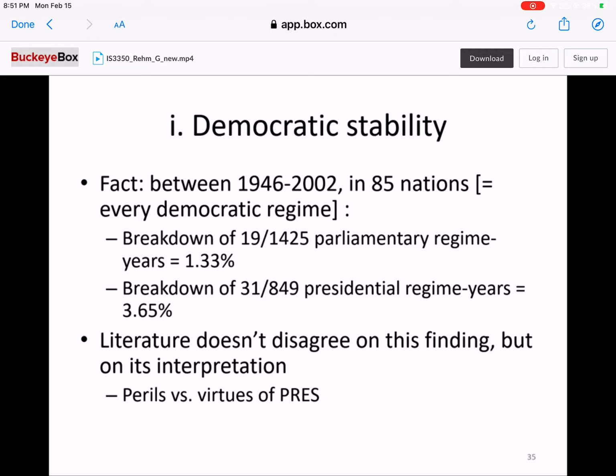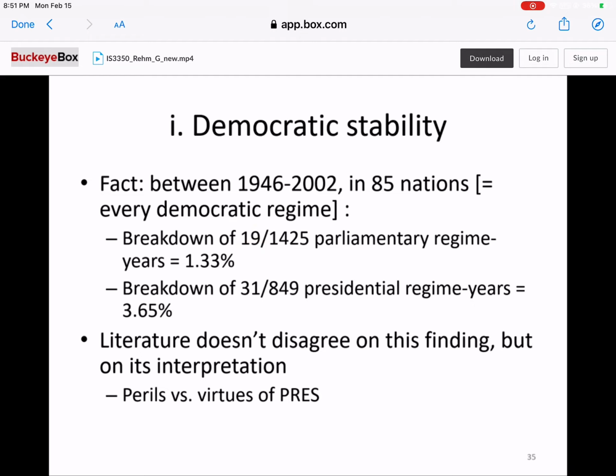If you look at the 85 nations that are democratic regimes over this time period, and you count the number of breakdowns, you will find that 19 out of 1,425 parliamentary regime years die. So these are cases where parliamentary systems become undemocratic.